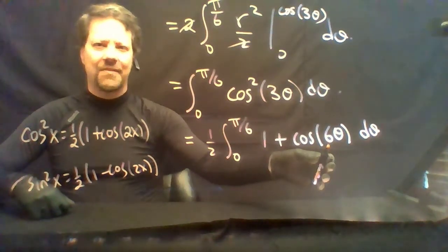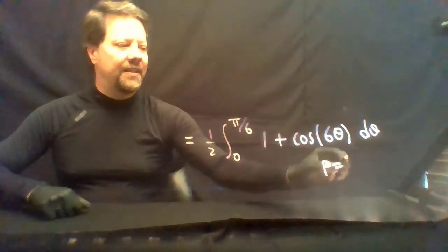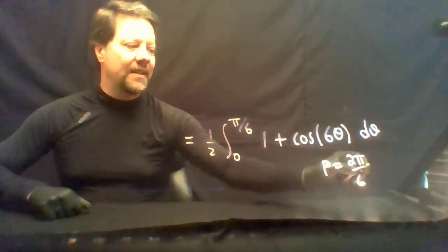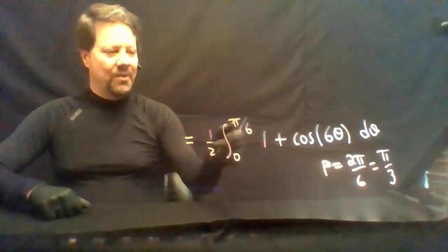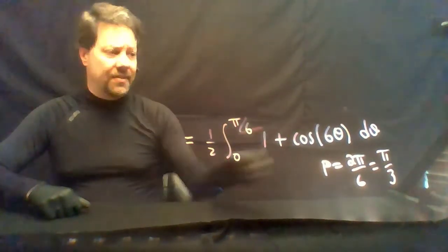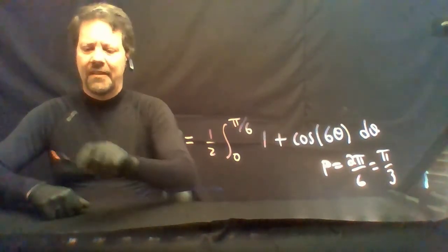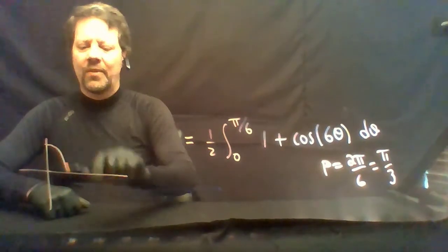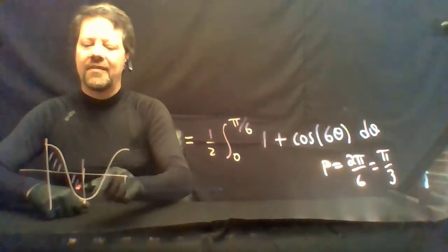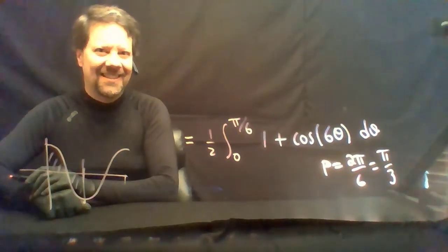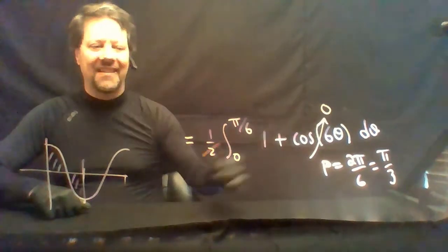What is the period of this function? The period is 2 pi divided by 6, or pi over 3. We're integrating from 0 to pi over 6, so we're integrating over half the period. What happens if you integrate cosine over half a period? You get nothing. This part will contribute nothing.